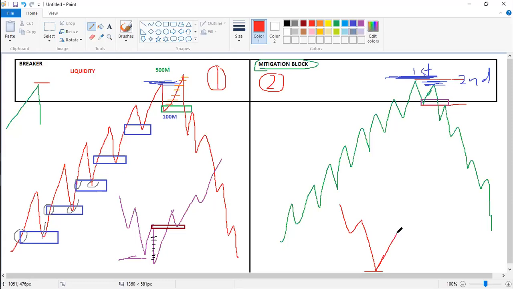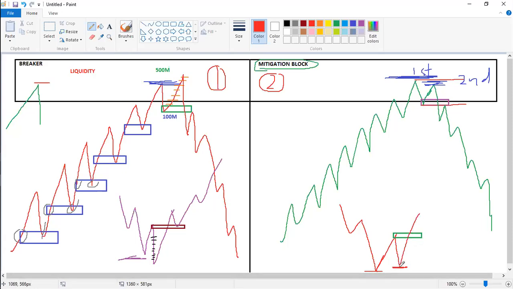Price goes up, they want to buy again, but they don't want to buy up here. They want to buy low. So they will push price down to the discount of this low and this high. They are pushing price with this order block here. Once they enter their second sell orders here, then price breaks market structure. Right.